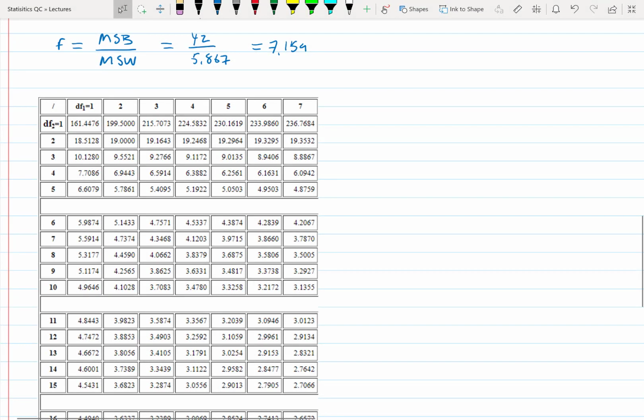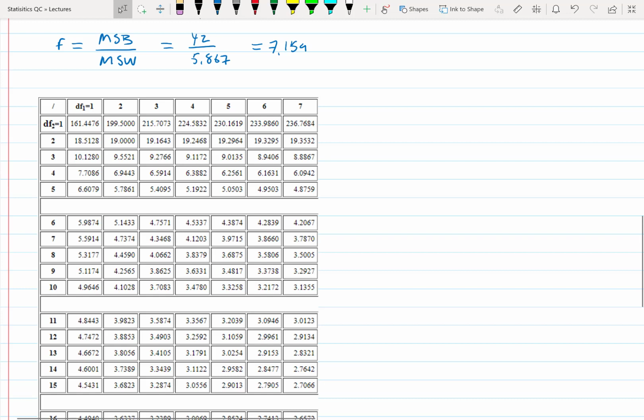All right, now we have to take a look at the F table and figure out the critical value. It was difficult to use the F table in your textbook, it just didn't come across well in a screen capture, so I found this one on the internet, but they all pretty much work the same way, and I will say they work a bit differently than the ones we used for the Z and the T distribution. With the F distribution, we have two kinds of degrees of freedom.